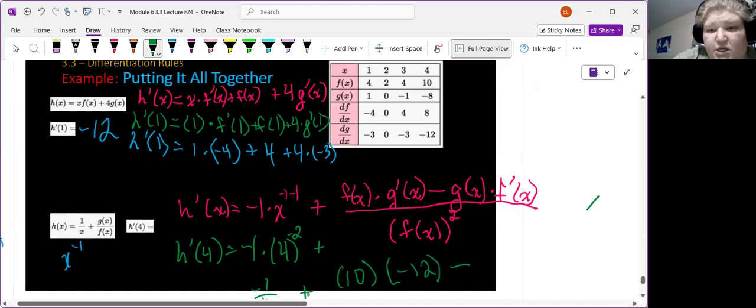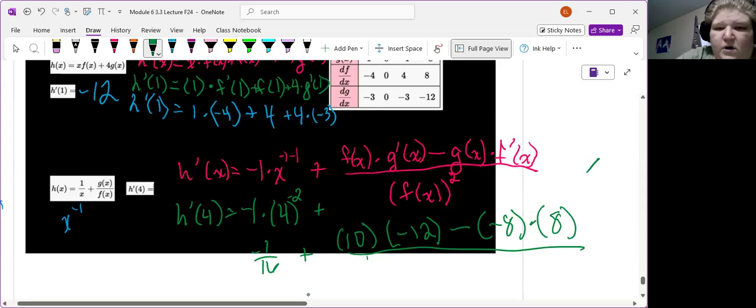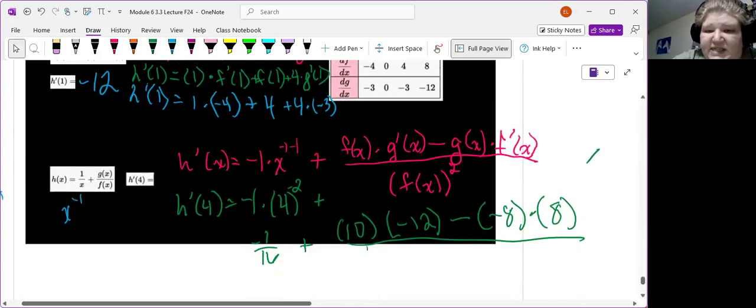Minus G at 4. G at 4 is -8 times f prime, df dx at 4, which is positive 8, over our denominator squared. So f of 4 was 10.